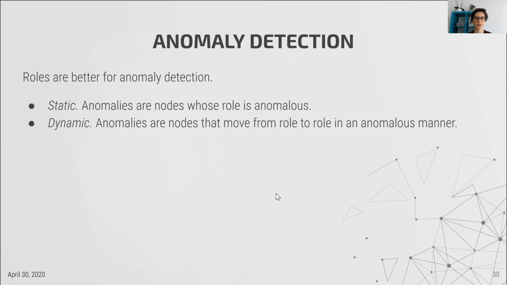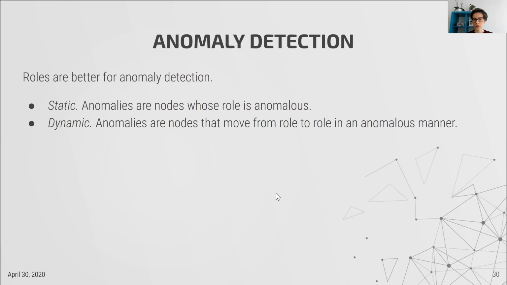Whereas if you have some kind of temporal information, so a dynamic network, it might be interesting to look at the nodes that jump from one role to the other in a way that is kind of suspicious.